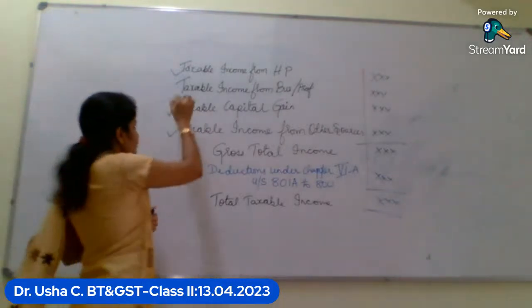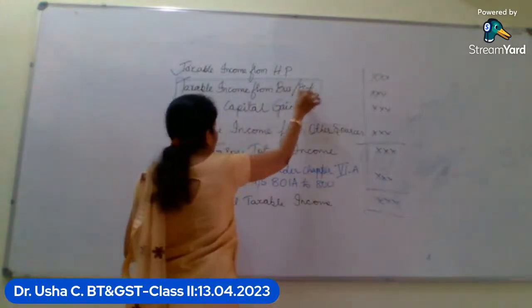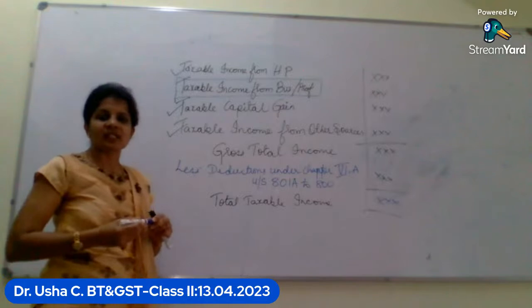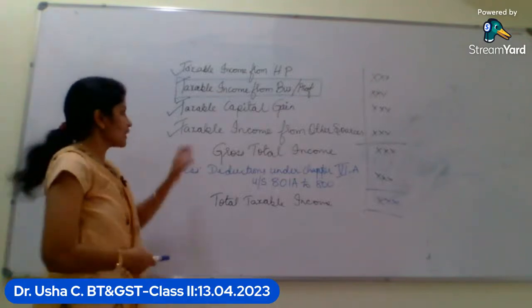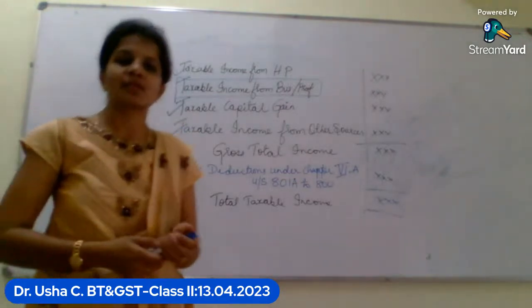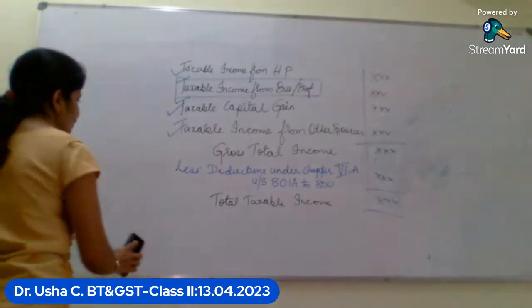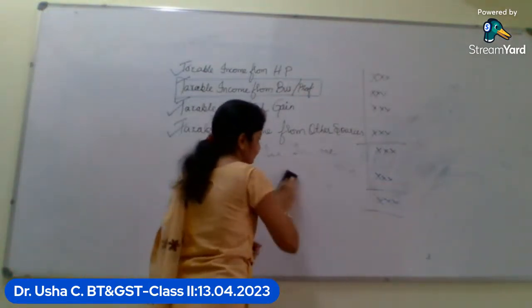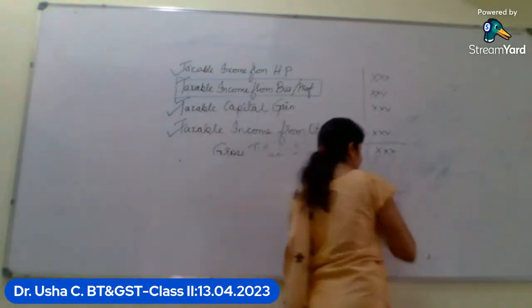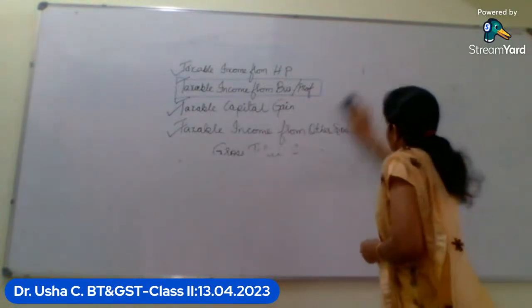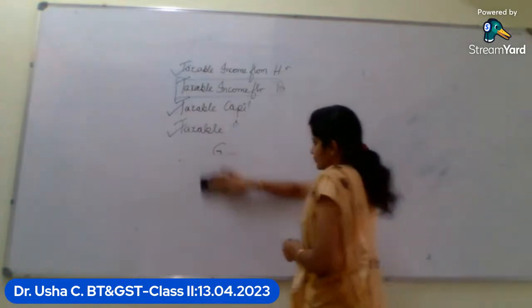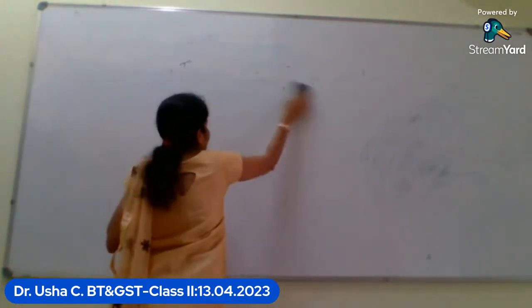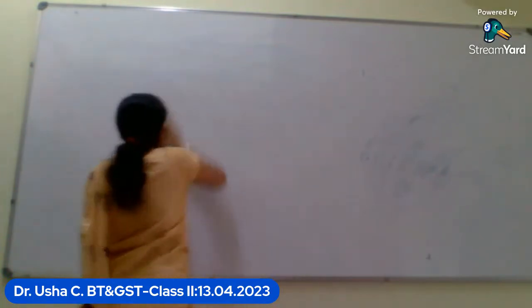Right? So today let us discuss the format for the computation of taxable income from business or profession, along with some illustration. Let us discuss today the computation of taxable income from business. Okay.